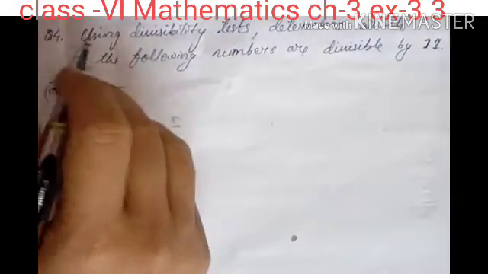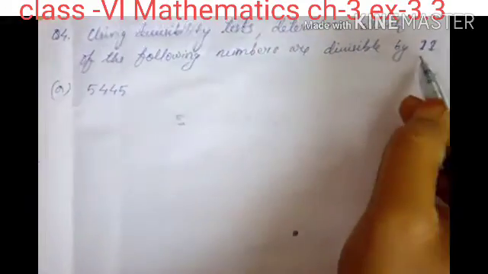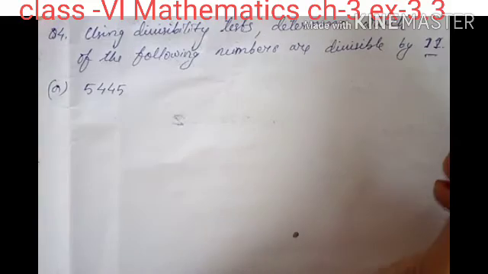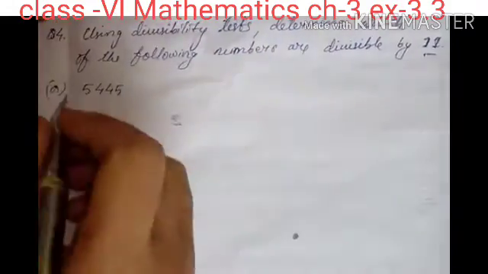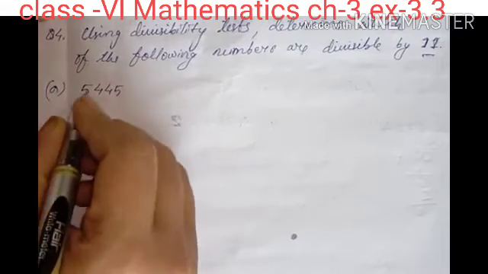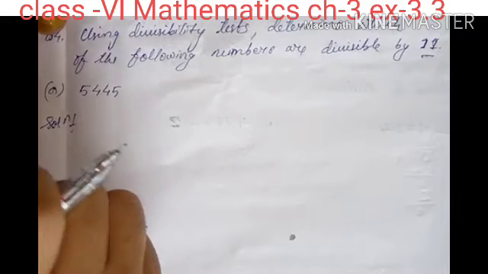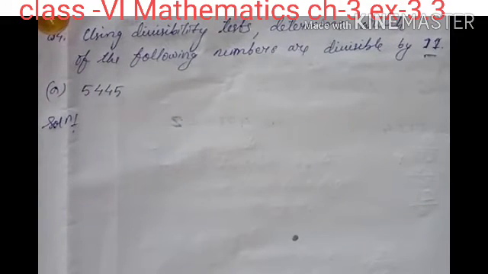Question number 4: using the divisibility test, determine which of the following numbers are divisible by 11. So now you have to see the divisibility test by 11, isn't it? The given number is 5 4 4 5. Solution. We have already explained in the introduction that for the divisibility test you have to add the alternate digits, isn't it?